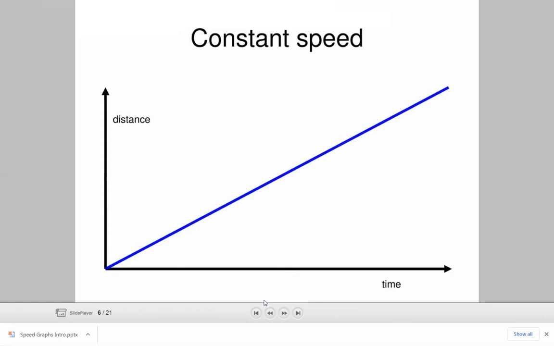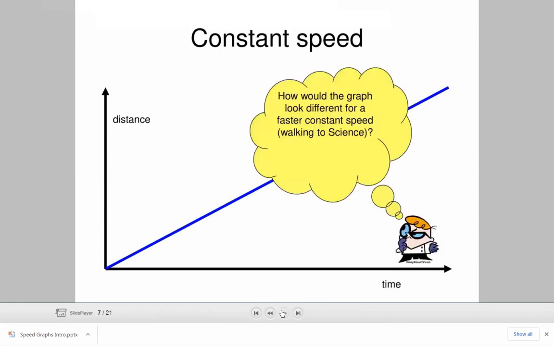Now there's a little question, and the question is how would the graph look for a faster constant speed? Now, what is that supposed to mean? That's supposed to mean, let's suppose this object, the blue line, was traveling at a speed of 40 meters per second, which is the unit of speed.